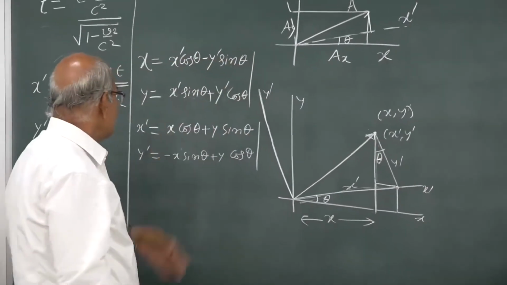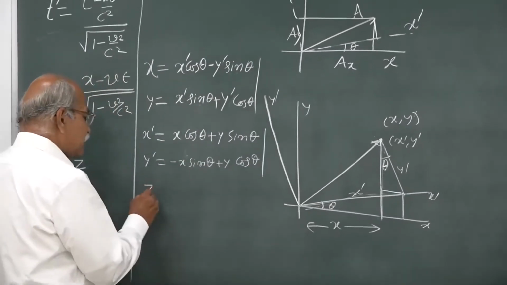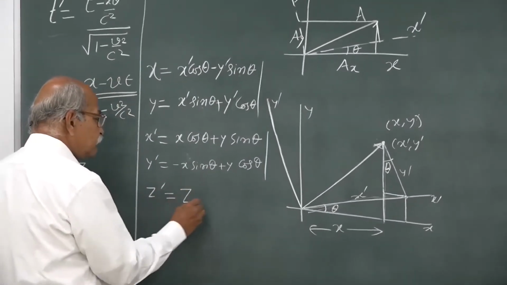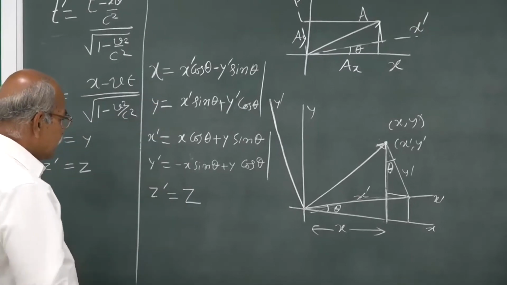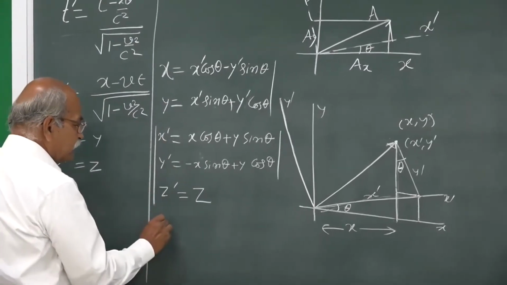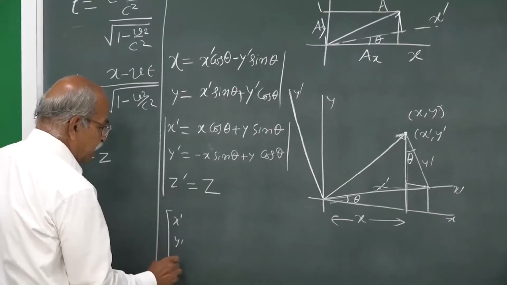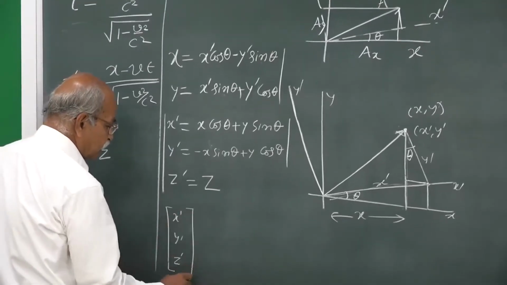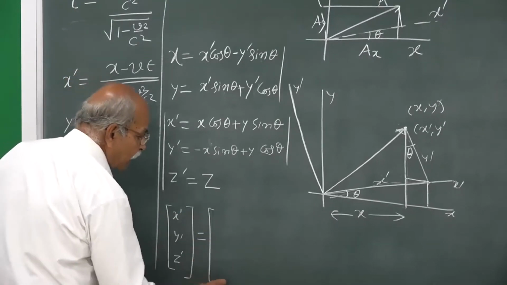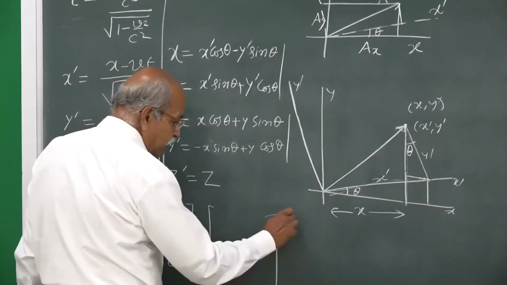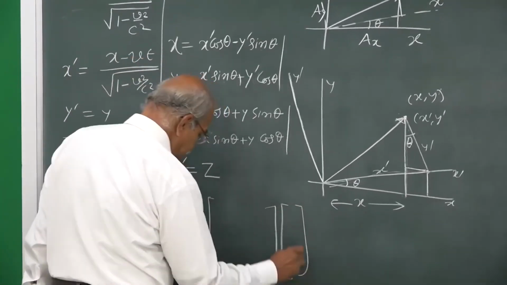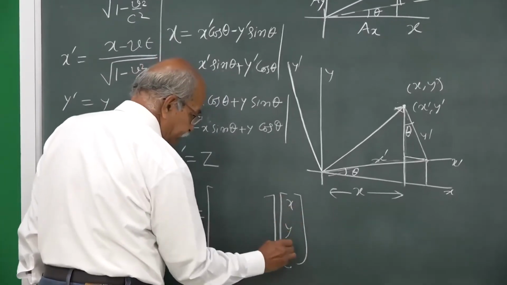Now, let us write z prime equal to z also. So, this whole thing can be written in a matrix form. You have x prime, y prime, z prime, and then you write a square matrix here, and again the column matrix here, x, y, z.